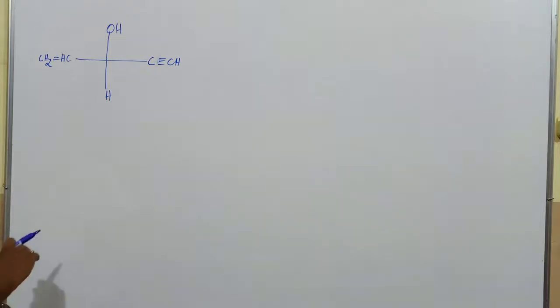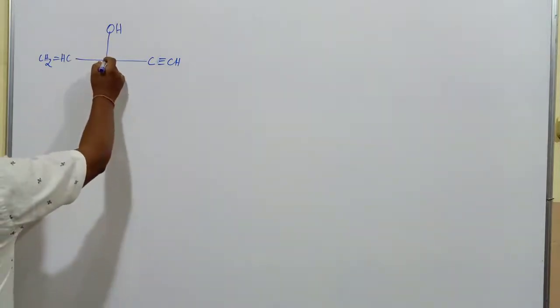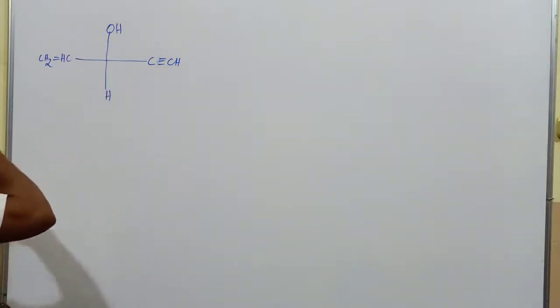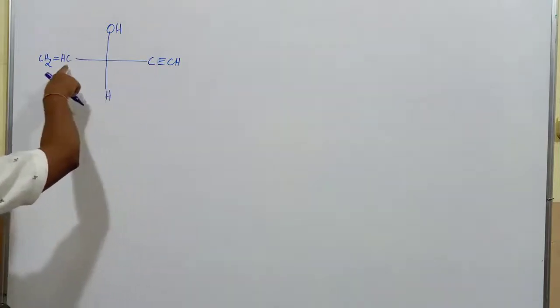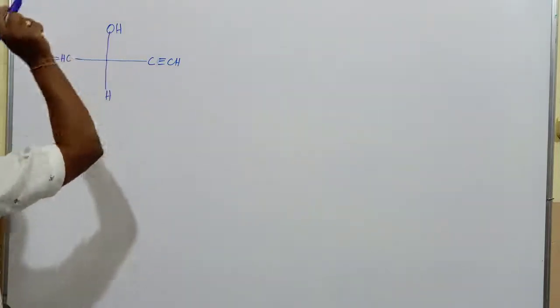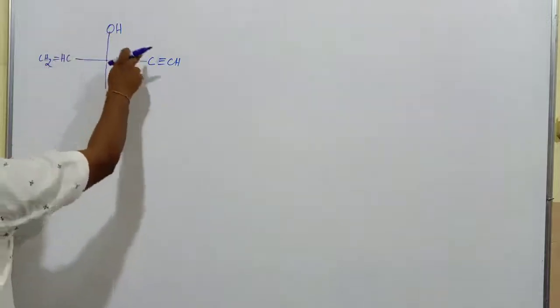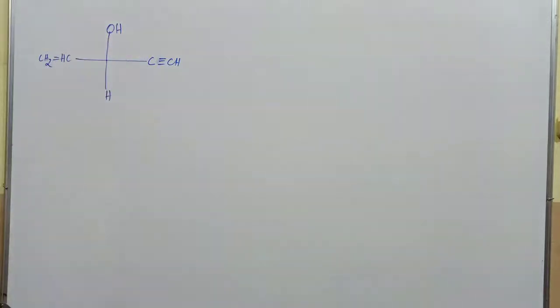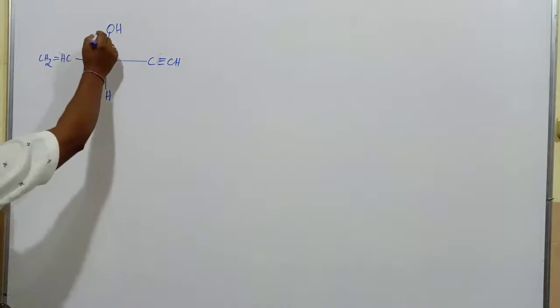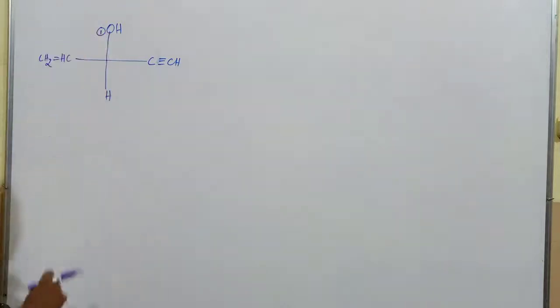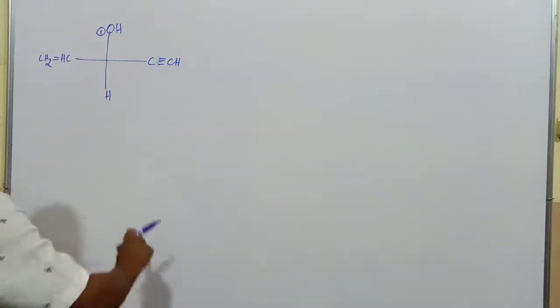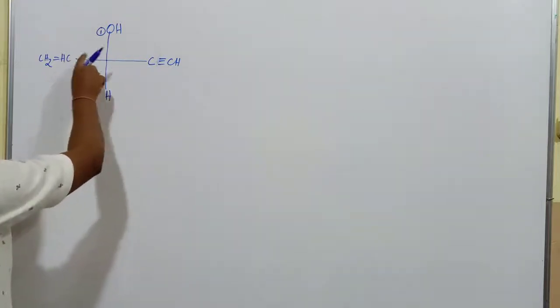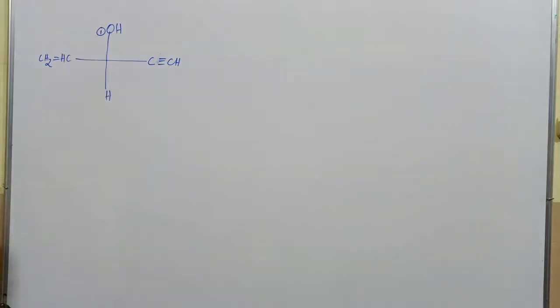Now in case of this molecule, this is the carbon atom. It is attached to this carbon atom as well as this carbon atom, and here the oxygen atom. Out of these four atoms, the oxygen atom has atomic number 8, so naturally it gets the highest priority. Now the question, between these two carbon atoms, to which group do we give the next priority?